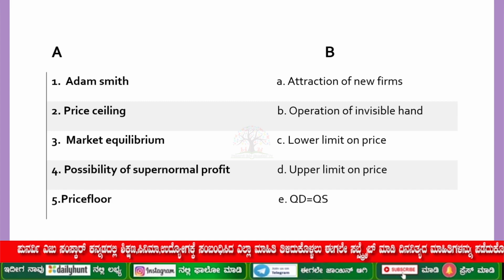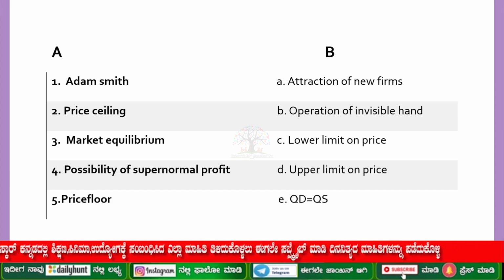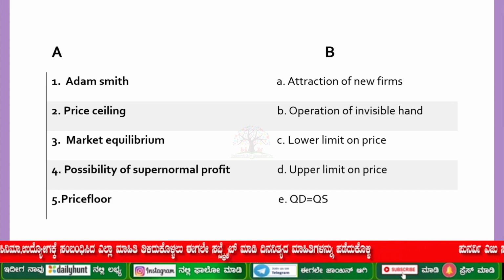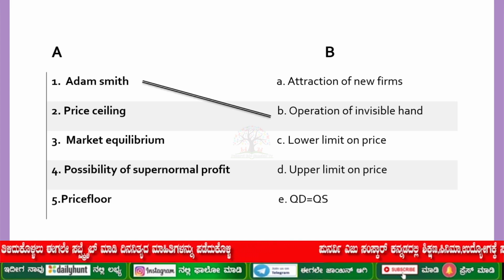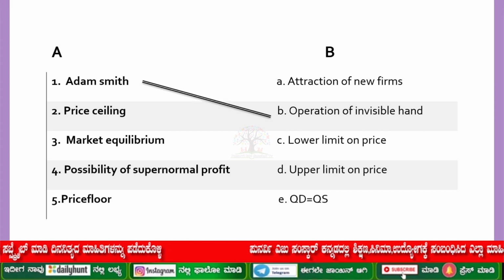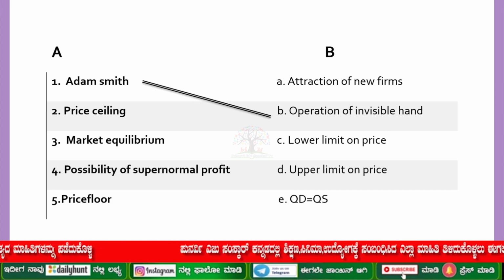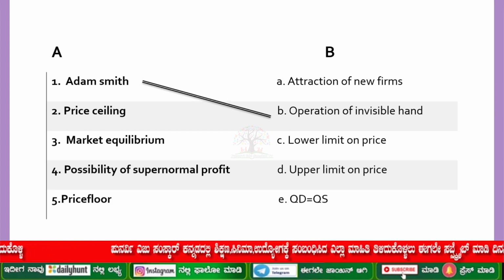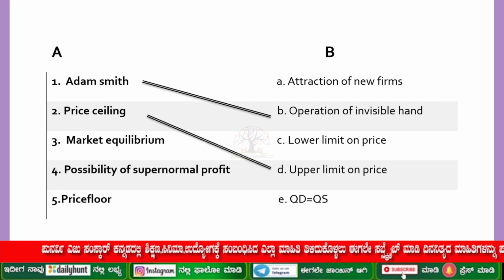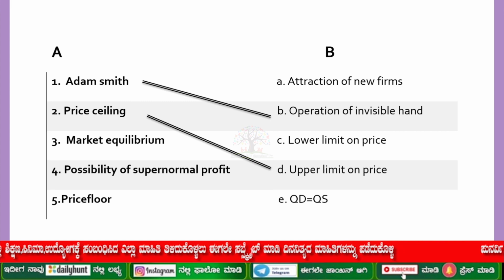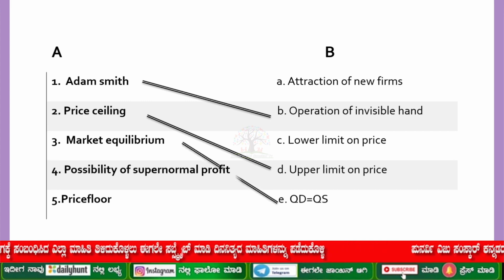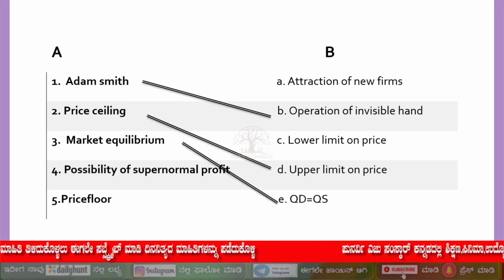Now let us discuss one more match the following. Adam Smith: as we know, the price mechanism is known as the operation of the invisible hand by Adam Smith. Price ceiling is an upper limit imposed by government on particular goods, especially agricultural goods. Market equilibrium, where quantity demanded is equal to quantity supplied.